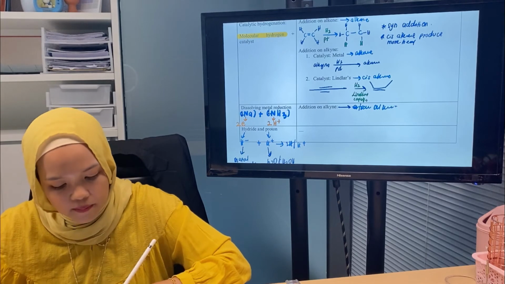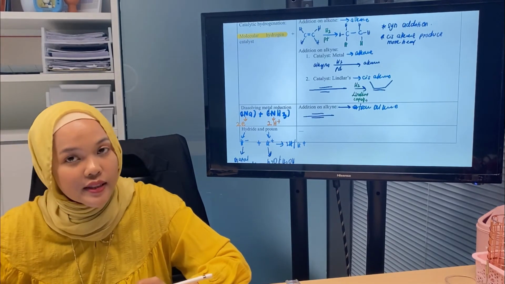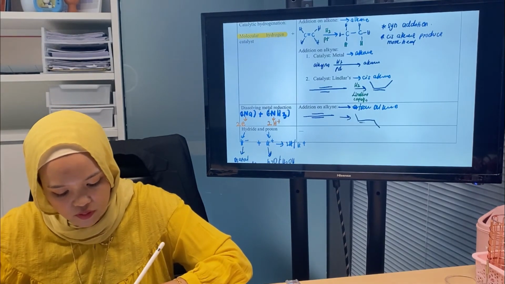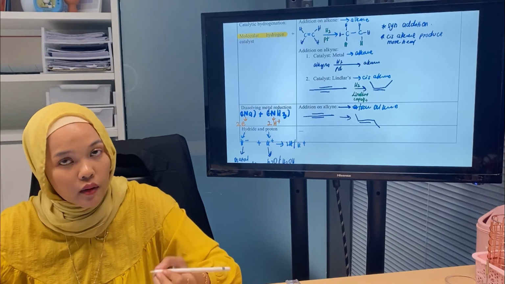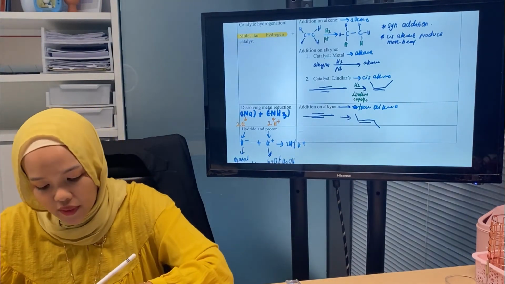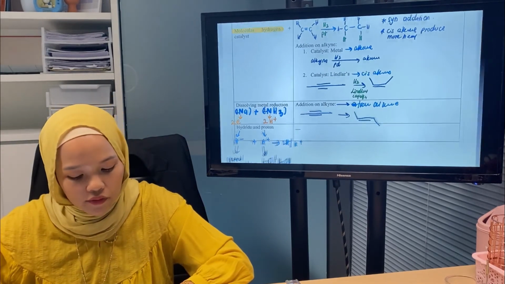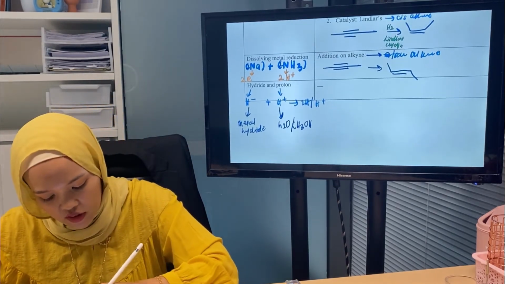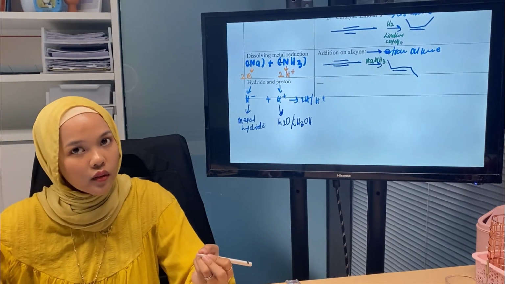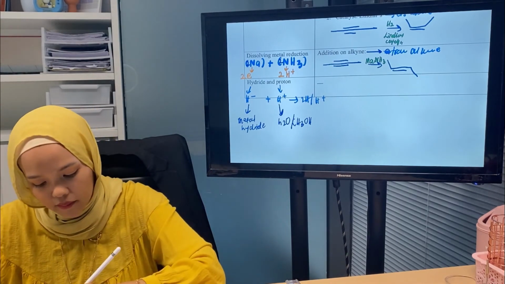For example, just now, butyne will produce trans-butene, with the rule that you need to use dissolving metal reduction, which is sodium, NH3.